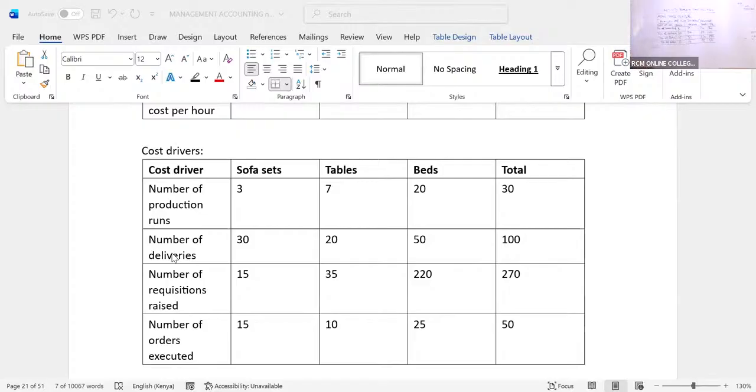And then, of course, there shall be other additional cost drivers, most probably machine hours, labor hours. So for you to see whether there are additional cost drivers, go back to the overhead items that you are given.